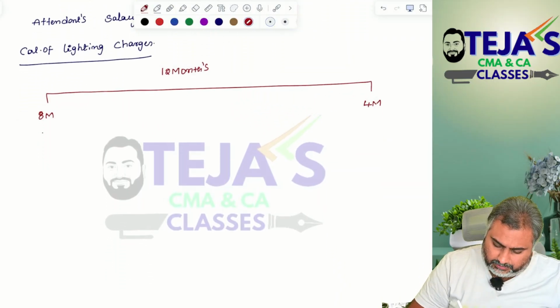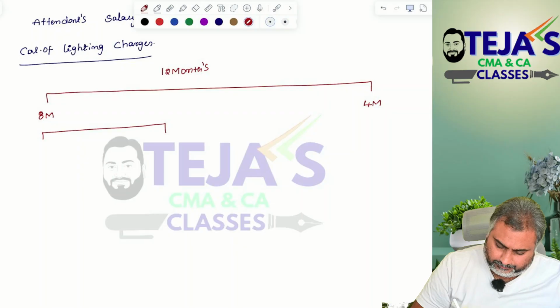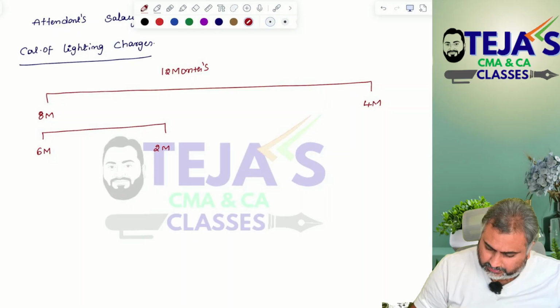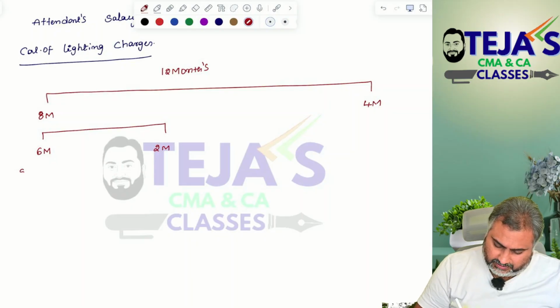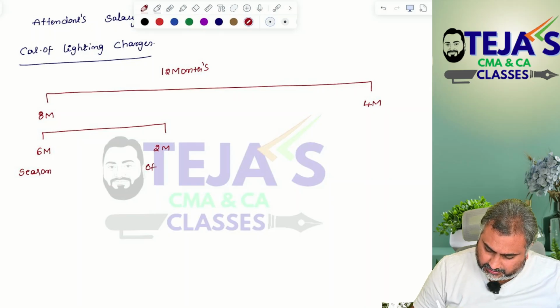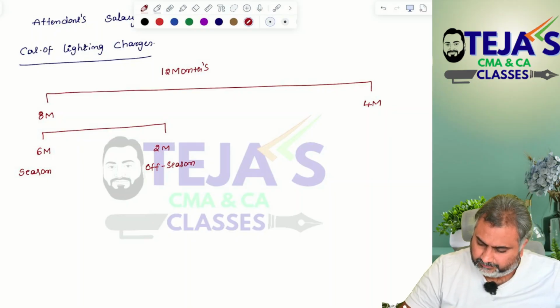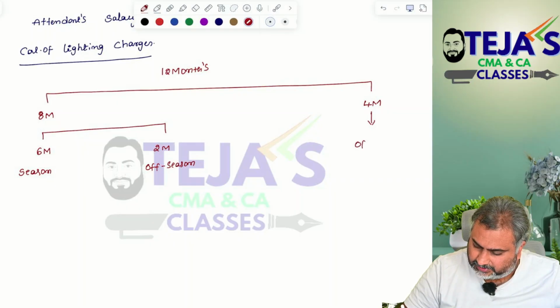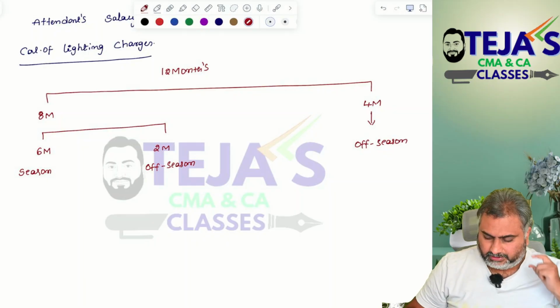This 8 months part we need to split into 6 months and 2 months. So we consider 6 months as season, and 2 months as off season; the 4 months is also considered off season.